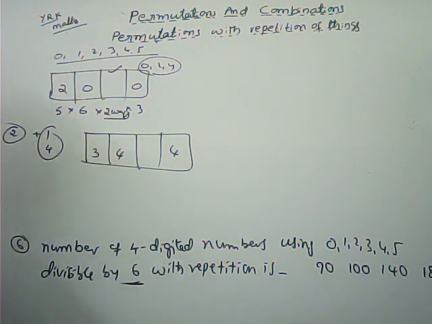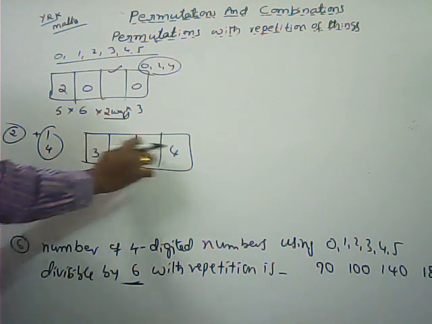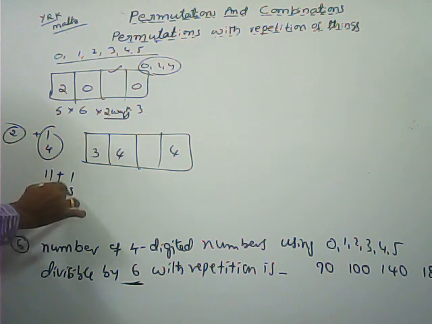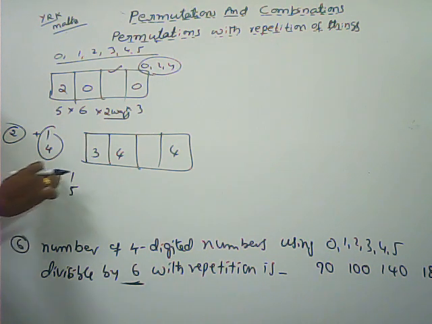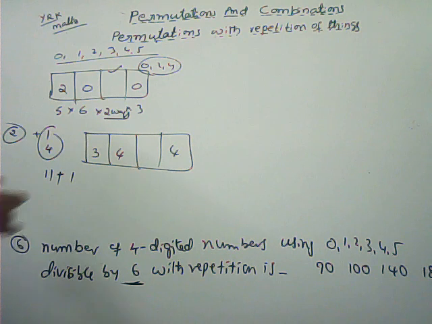I am keeping 4 only. 4 plus 3 is 7, 7 plus 4 is 11. 11 should be added with either 1 or 5. 11 plus 1 is 12, divisible by 3. 11 plus 5 is 16, sorry, don't keep this one. 11 plus 2.